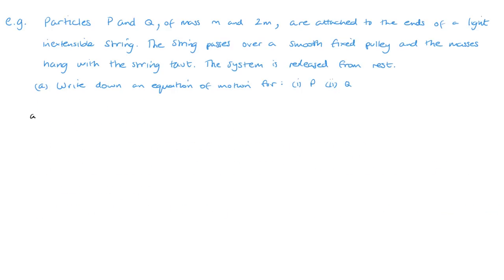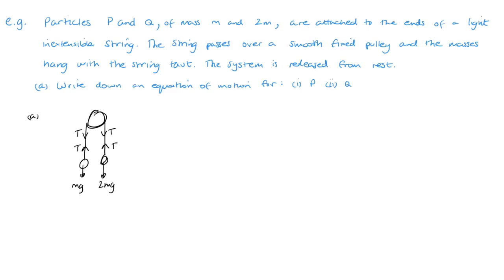Write down an equation of motion for P and Q. So for part A, let's start off by drawing it. So a little sketch. It's got two masses there. This is going to hang down with mg, and this one's going to hang down with 2mg. And then that's going to be tension in the string, and then tension in the string from the pulley.